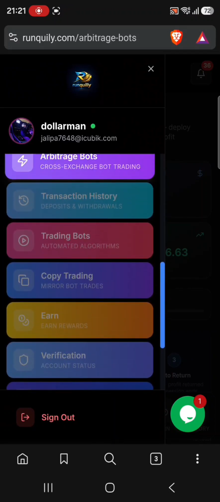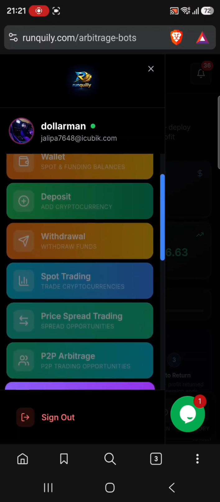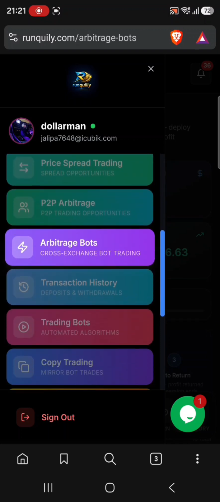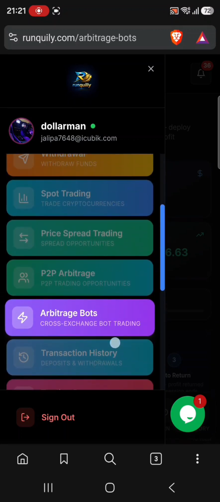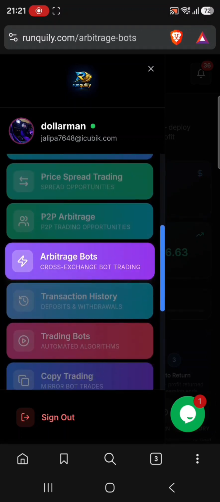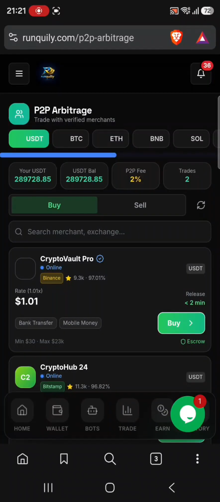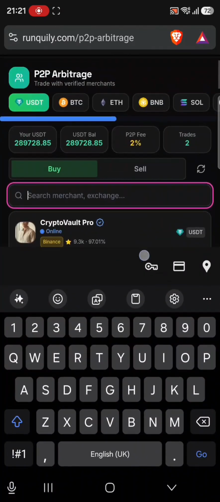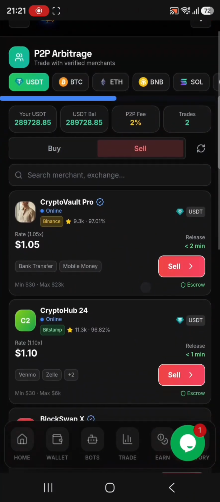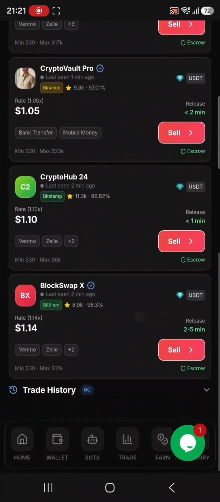And remember, we've been receiving our assets in an external wallet, but today we will receive in our Ranquilly exchange. So you just come here, click on P2P arbitrage. All right, then since you've bought in a centralized platform, here you come and sell. So you find the best offer here.